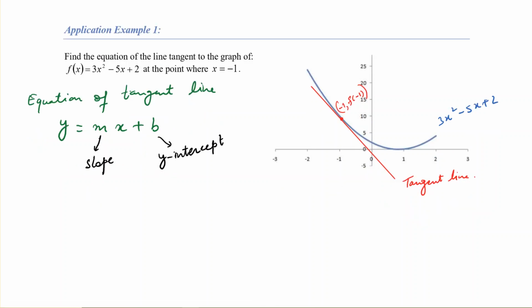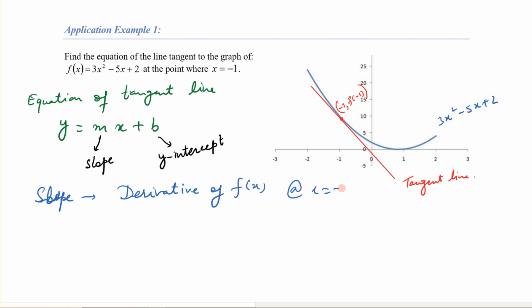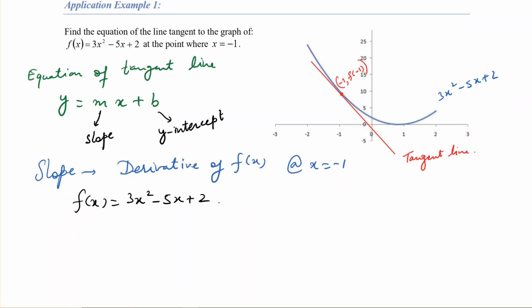We can find the slope using derivatives. The slope is the derivative of f(x) at the point x equals -1. Our f(x) is 3x squared minus 5x plus 2.